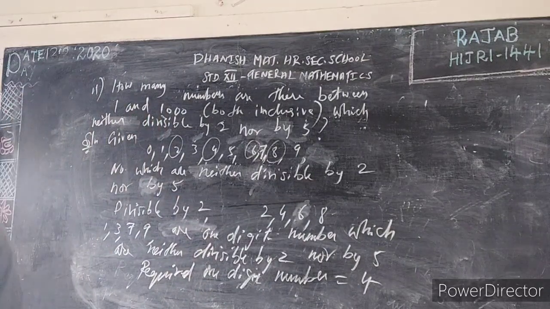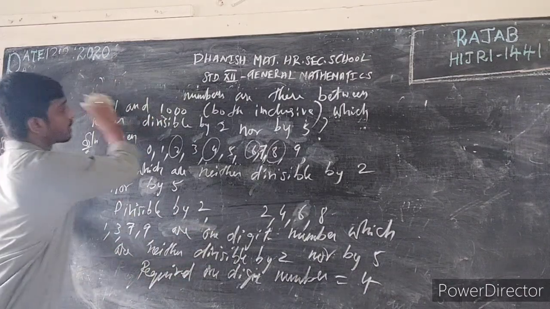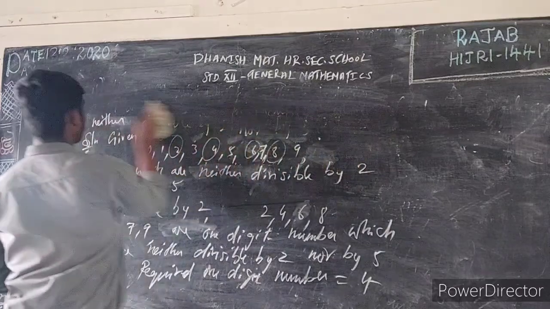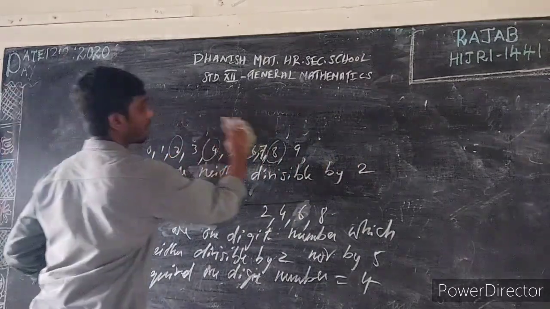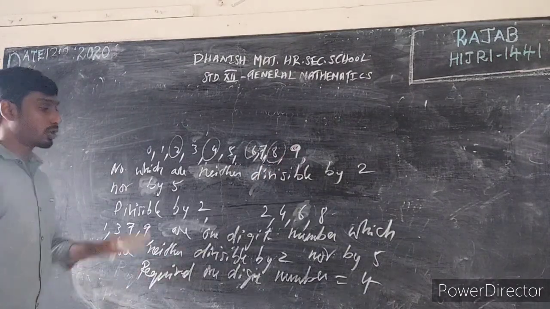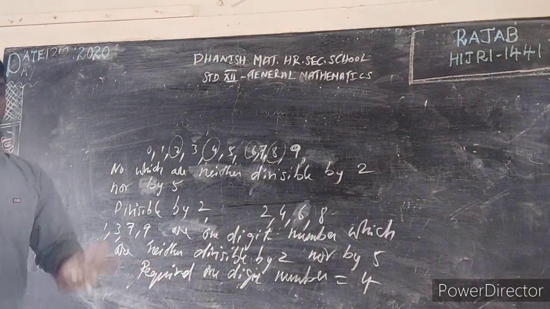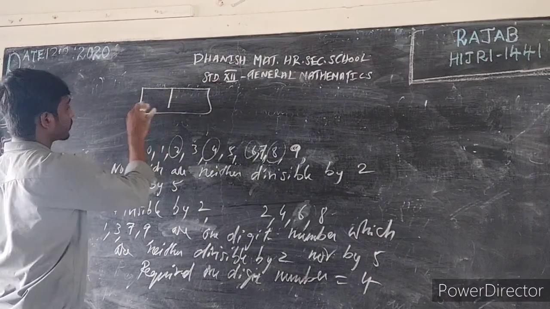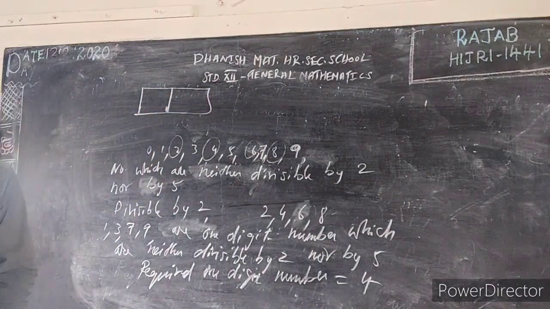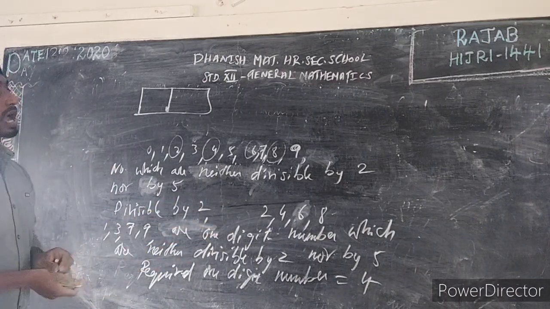Now let us come to the 2 digit numbers. The unit place can be filled in how many ways?